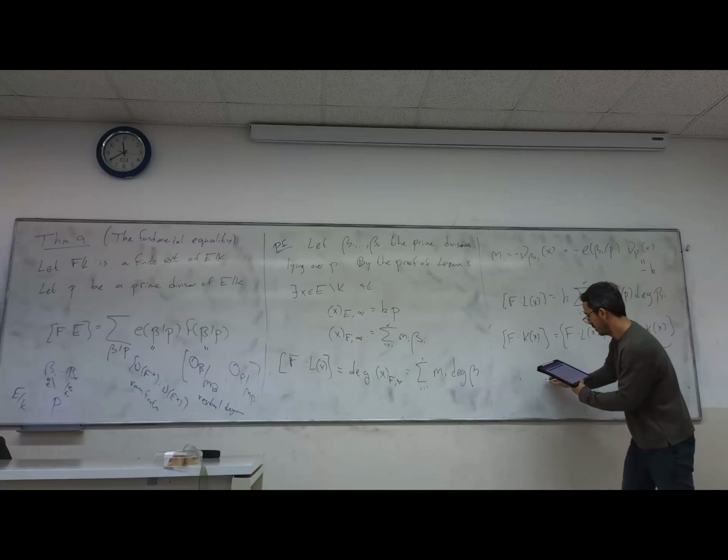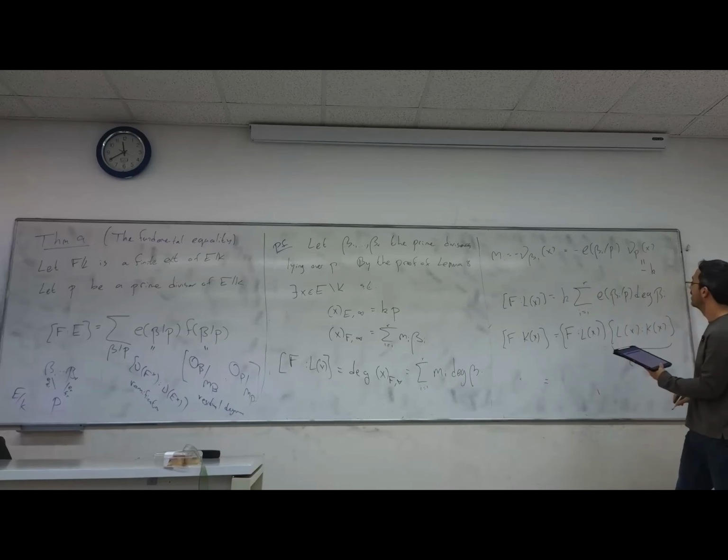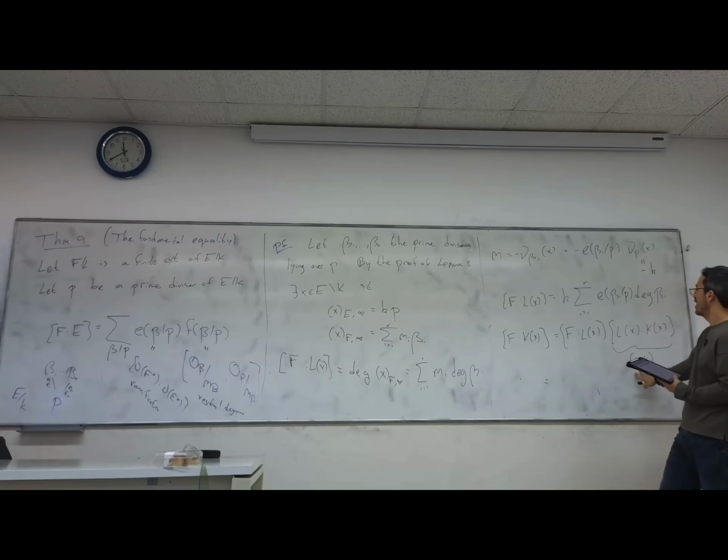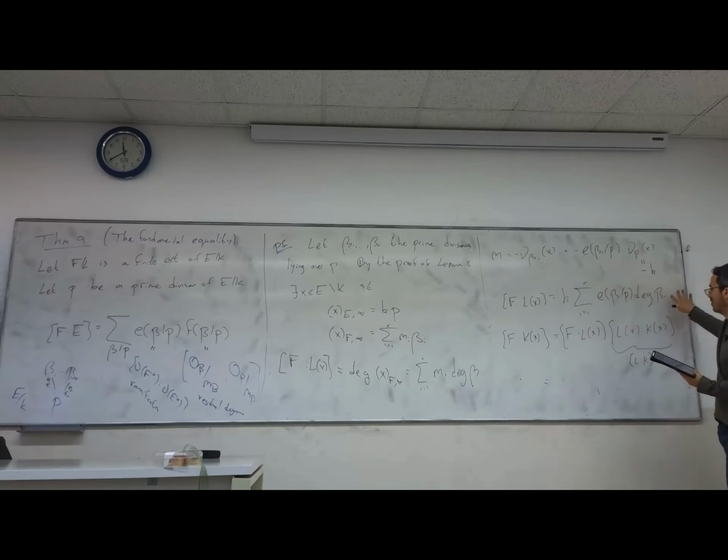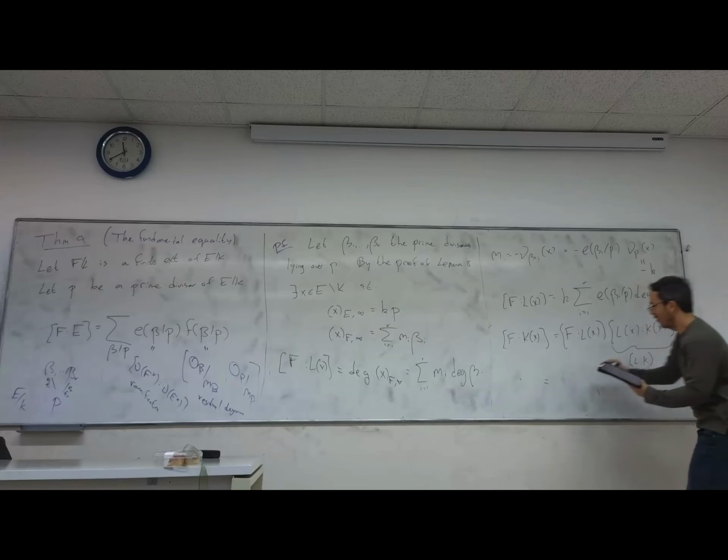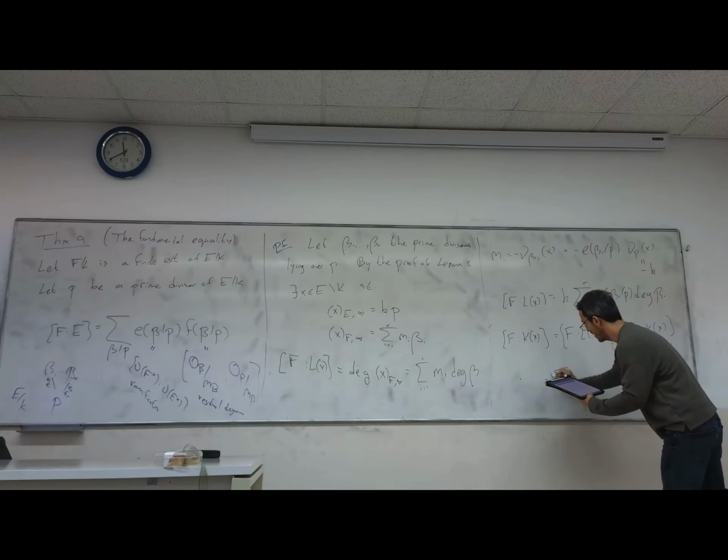So this means that F over Kx is F of Lx times that. F of Lx is this sum. So I'm going to write this sum and multiply it by that, but I want to put that term next to the degree. So there is a K, sorry.